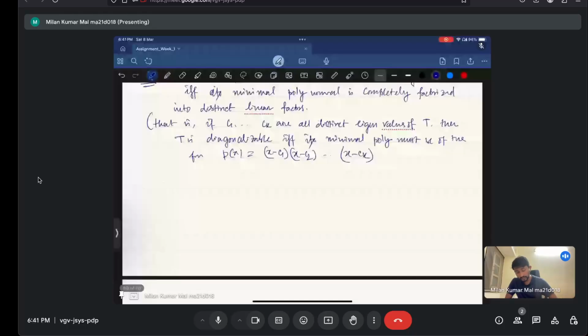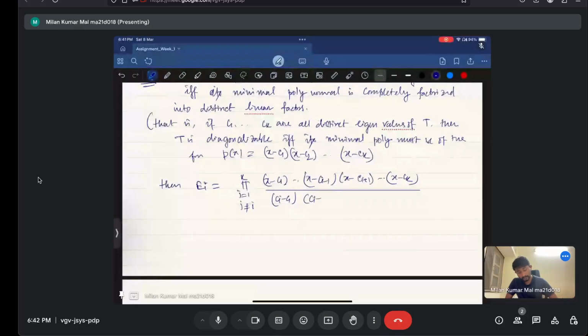Then this will be x minus c1 all the way to x minus c(i-1), x minus c(i+1), all the way to x minus ck, divided by ci minus c1, ci minus c2, all the way to ci minus c(i-1), ci minus c(i+1), all the way to ci minus ck.